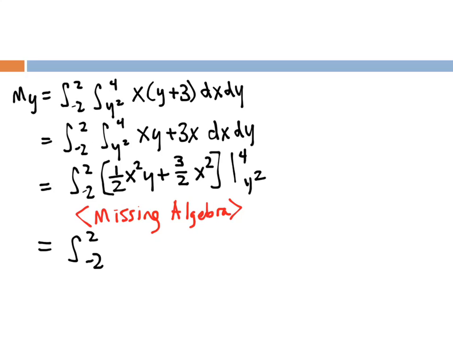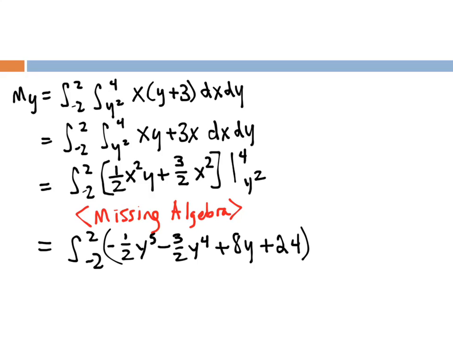And what you get when you simplify and substitute that in there is -1/2 y to the 5th minus 3/2 y to the 4th plus 8y plus 24 dy. So we will integrate now with respect to y.